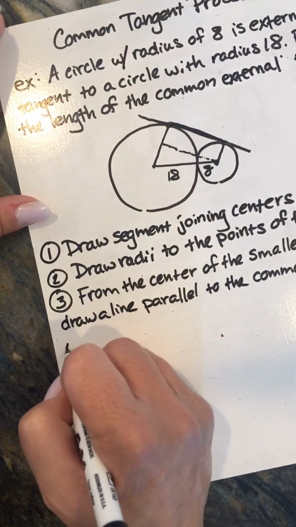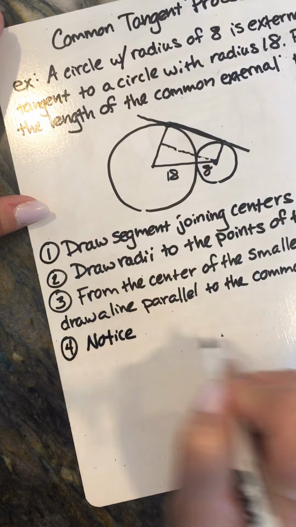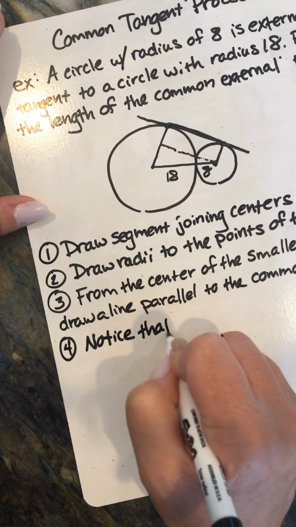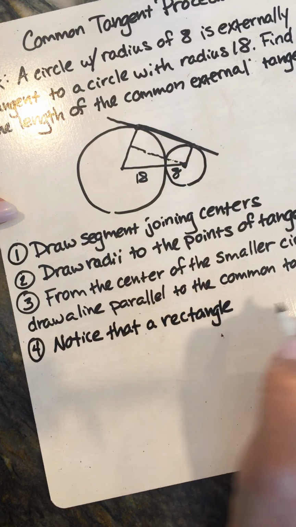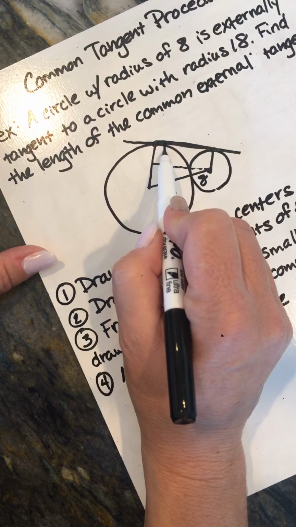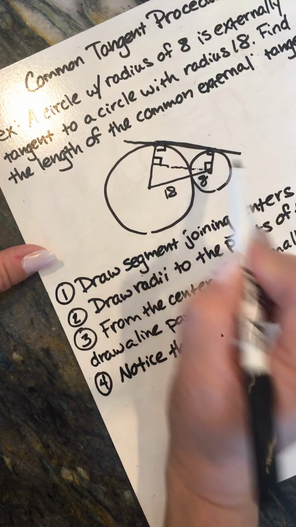Okay. When you've done this, step 4, you are going to notice some things now. Notice that a rectangle, right? Rectangle because right angle, parallel lines, so right angle, right angle.